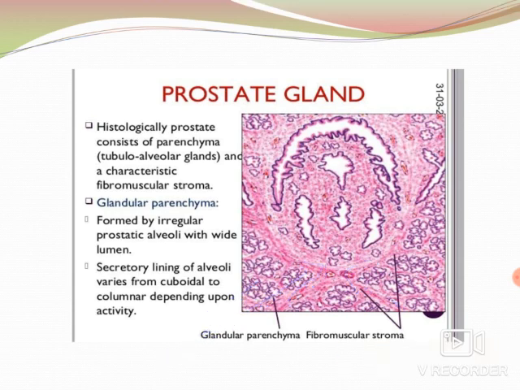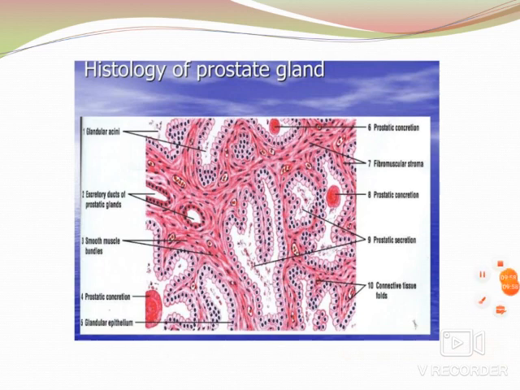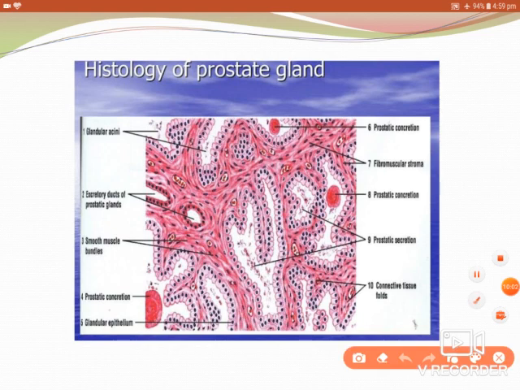Then coming to the prostatic acini, the glandular part, this is a high-power view of the glandular acini. See, this is the acini, and here we get another one. They are of irregular shapes.